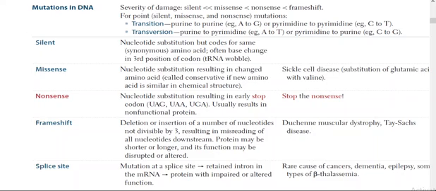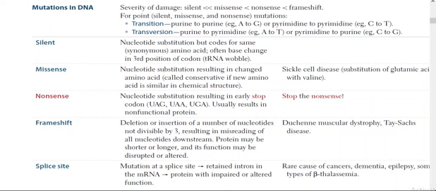So that is why it is called silent mutation. Even though there is a change or mutation, it is still silent because it is not altering protein structure or function. It still remains the same.